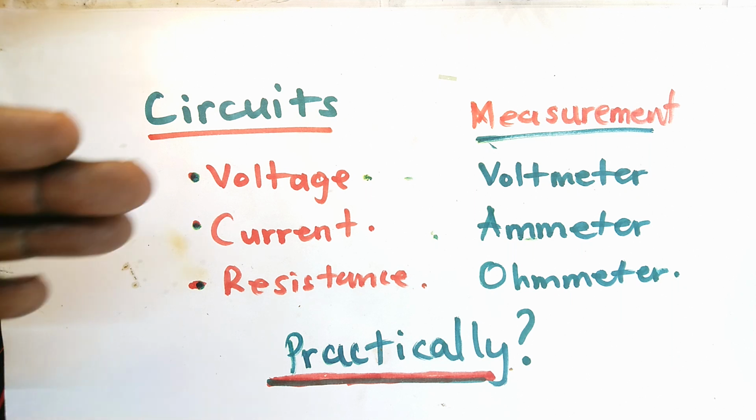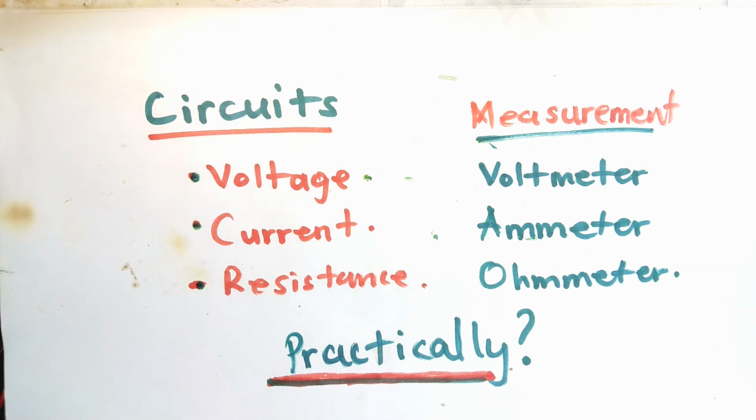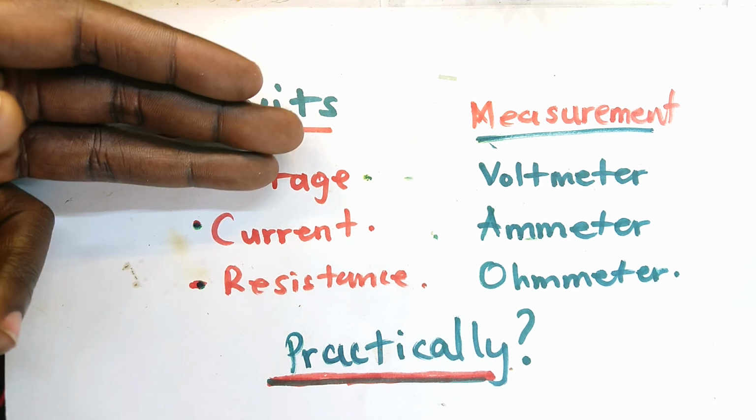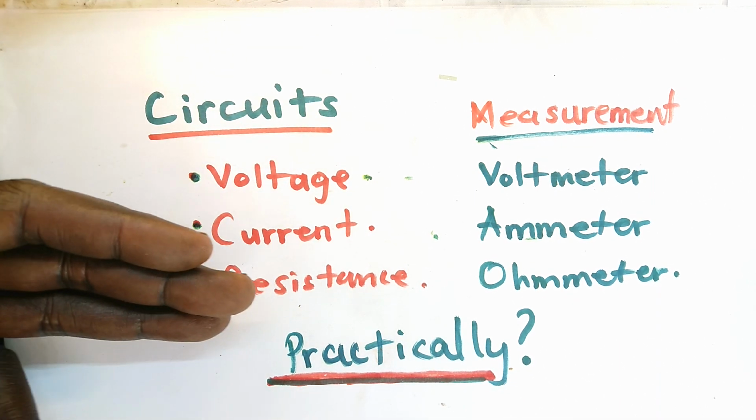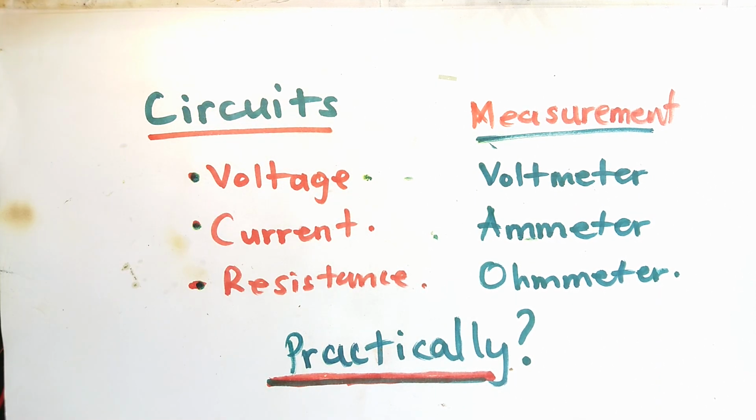For instance, we give it voltage, and that's usually coming from a chemical source of energy, which is converted to maybe heat or light, and that's another form of energy. So basically that's what happens in an electric circuit, one form of energy being converted into another.